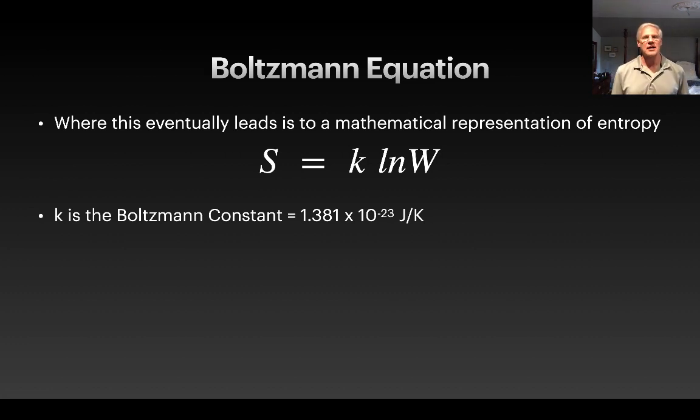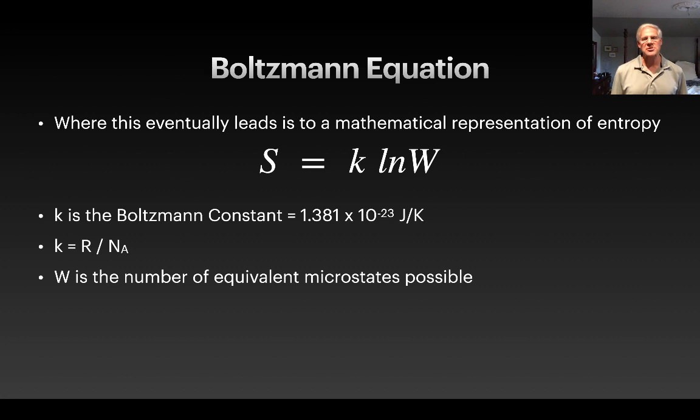And the funny thing with k is it's actually tied into the gas constant R. If you take the gas constant R of 8.314 and you divide it by Avogadro's number, you get this value here, Boltzmann's constant, 1.381 times 10 to the minus 23. So pretty wild stuff there. So yes, it's equal to R over N_A.